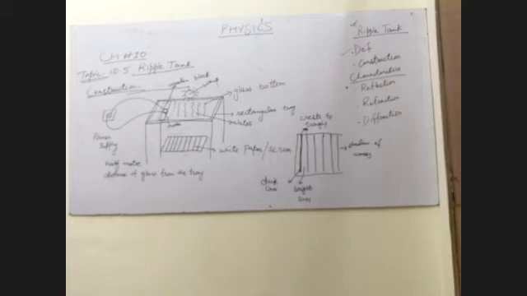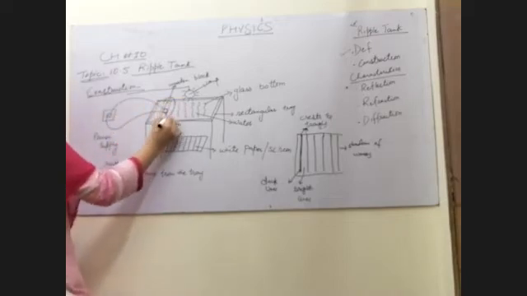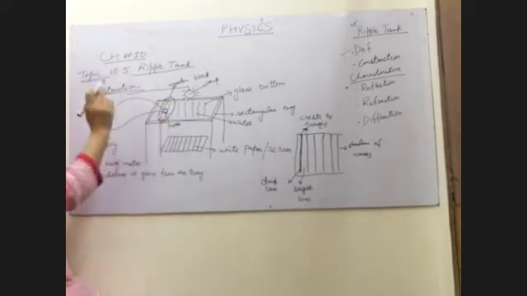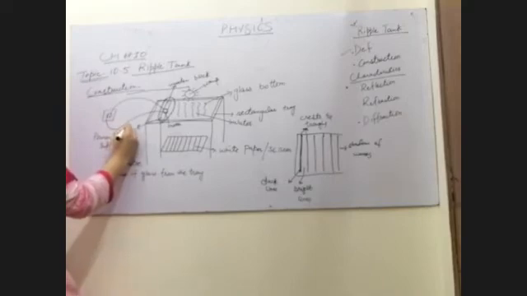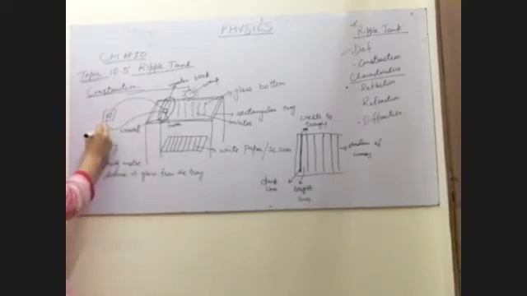Okay, then this vibrator is an oscillating electric motor fixed on a wooden plate. Means this whole part is the vibrator or the oscillating paddle.